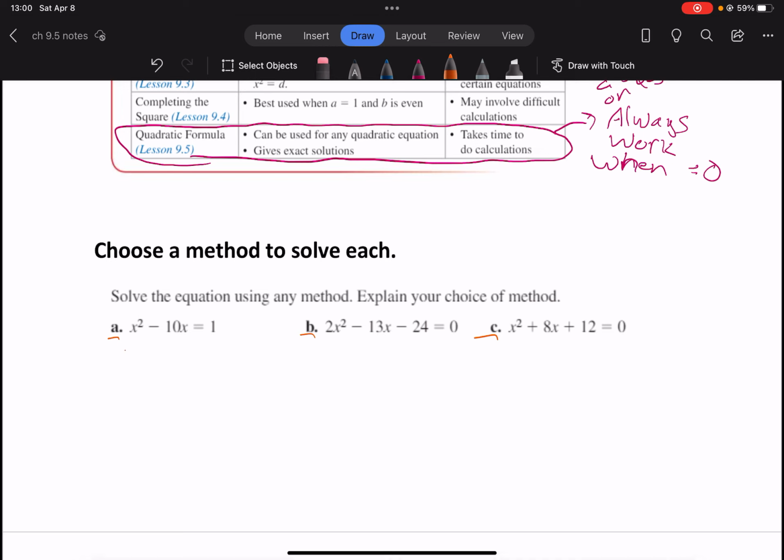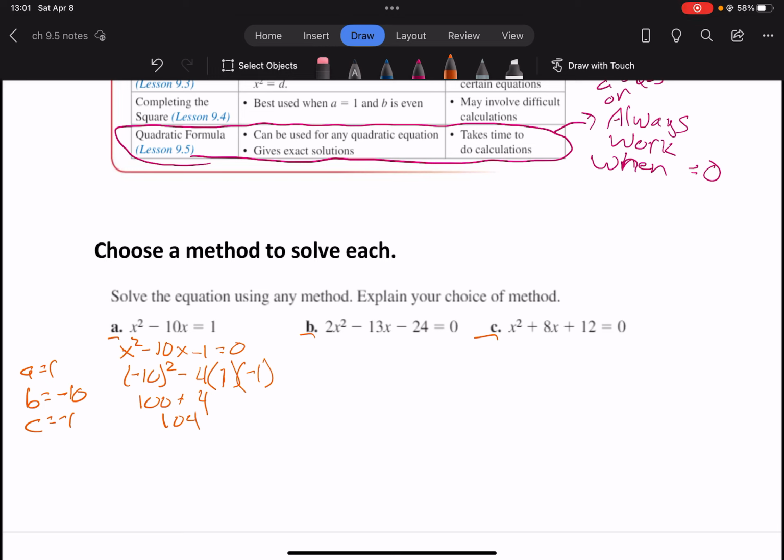So like this one, I want to get this, so it's x squared minus 10x. The 1 has to come over the equal sign, so we have to subtract 1 from both sides to get this. a, b, and c: a is 1, b is negative 10, c is negative 1. So you end up with b squared minus 4ac, or negative 10 squared minus 4 times a, which is 1, times c, which is negative 1, or 100 plus 4 is 104.